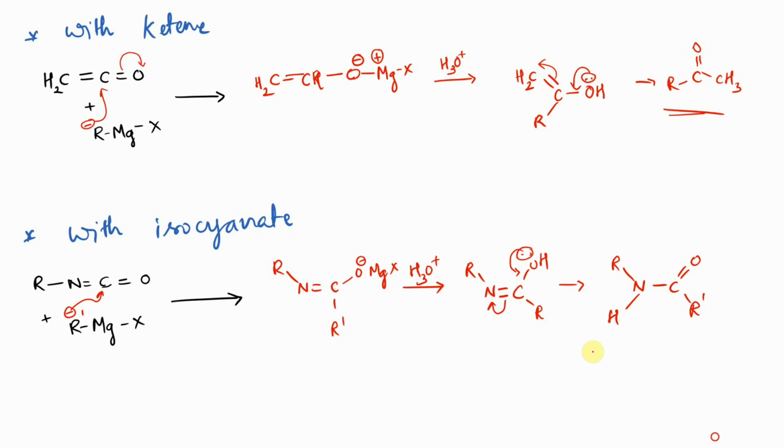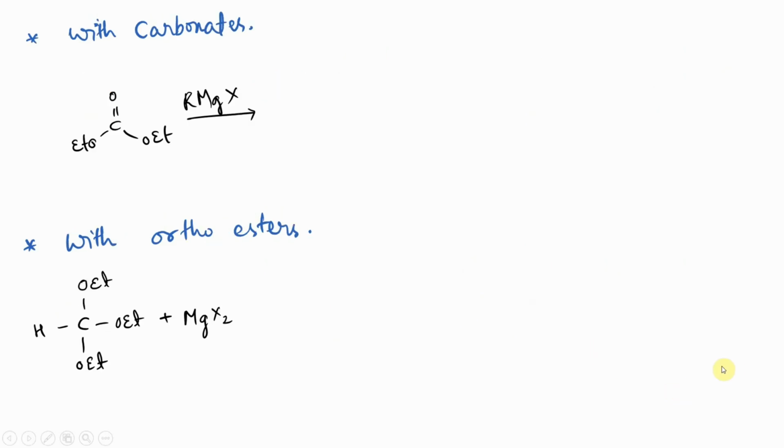Now let us discuss the next set of reactions, that is treating Grignard reagent with carbonates. When you have a carbonate ester like this with OEt groups, these OEt groups are always considered a better leaving group.